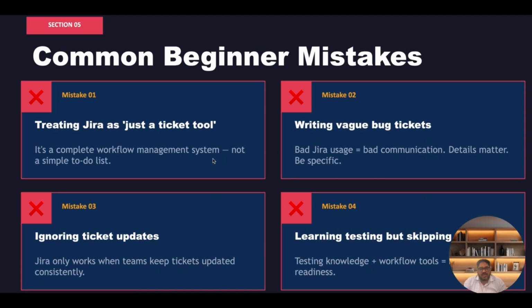And fourth, learning testing but skipping tools. Oh my god. If you want to be a good tester, please learn the tools. Tools will help you become a better tester. It saves time, and companies will not hire you if you do not know the tools.